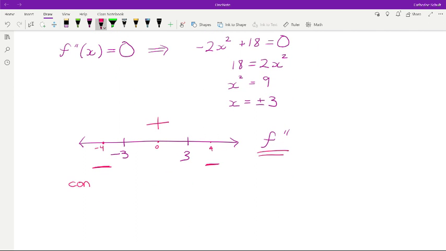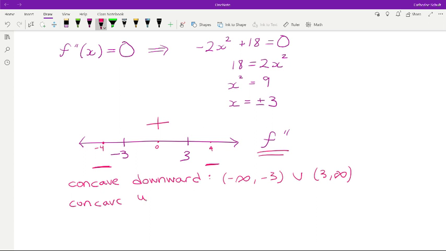So we just determined where we're concave downward. From -infinity to -3, and from 3 to infinity. And then we're concave upward from -3 to 3.